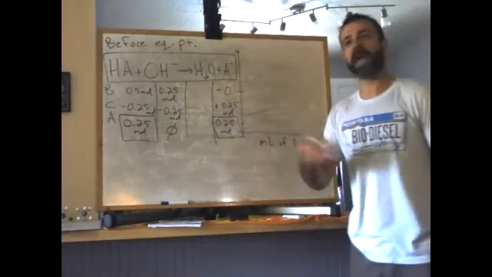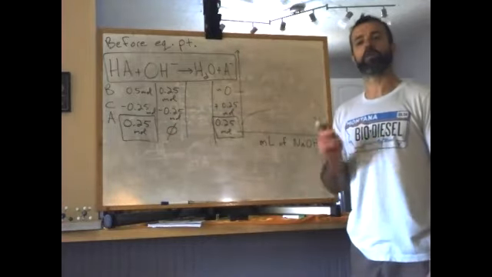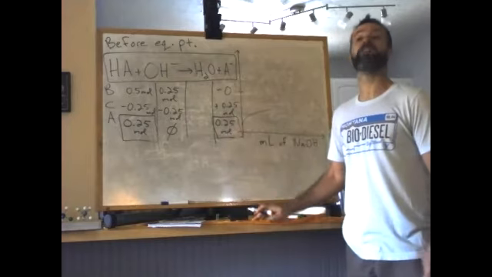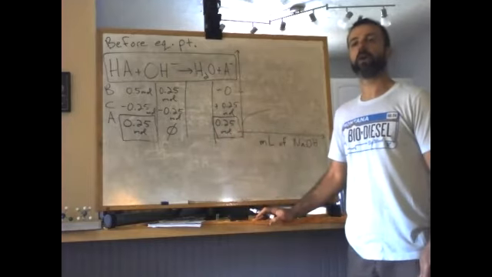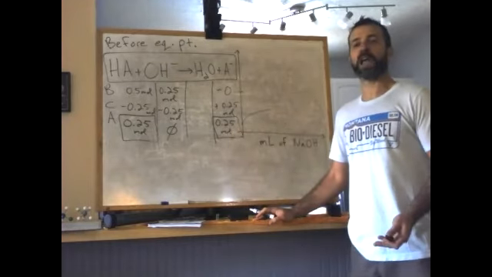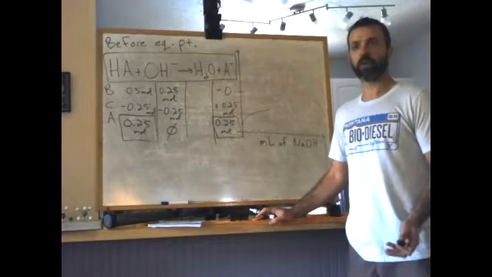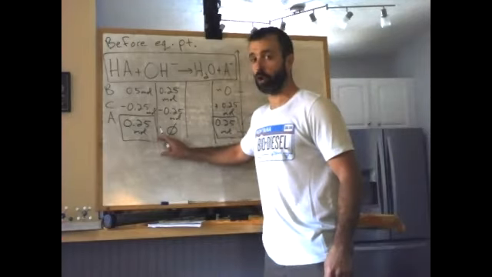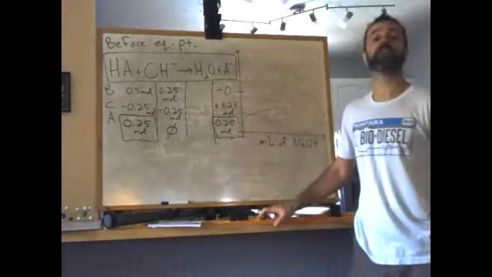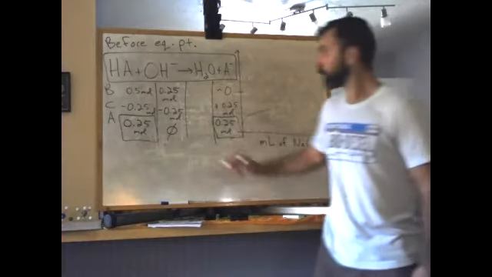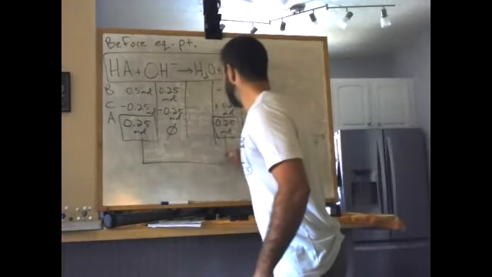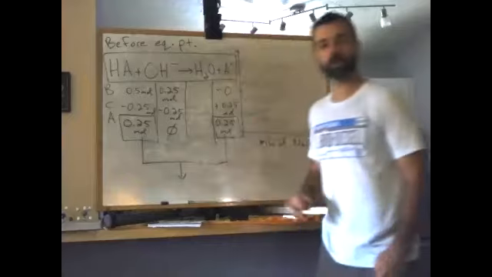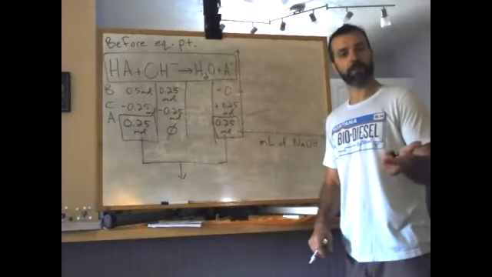And what else do we have floating around in the solution? We have also produced some amount of A minus. Okay, how would we find the pH of this solution? Well, notice, before the equivalence point, we have our weak acid left over and some amount of its conjugate base. In this solution, we have two important components, HA and A minus.